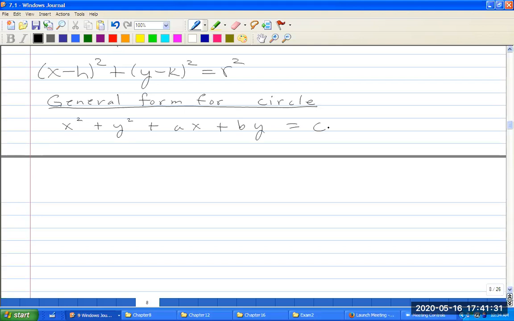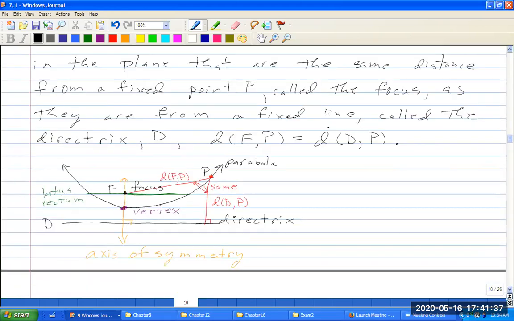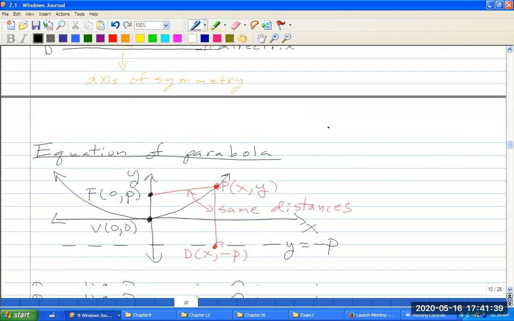So that's the general form for the equation of a circle.